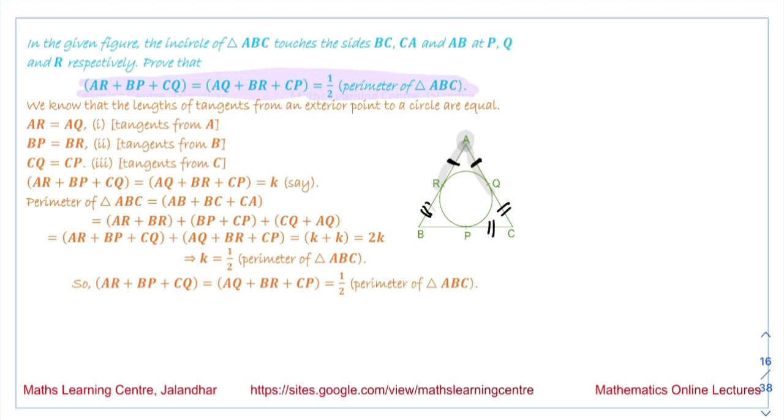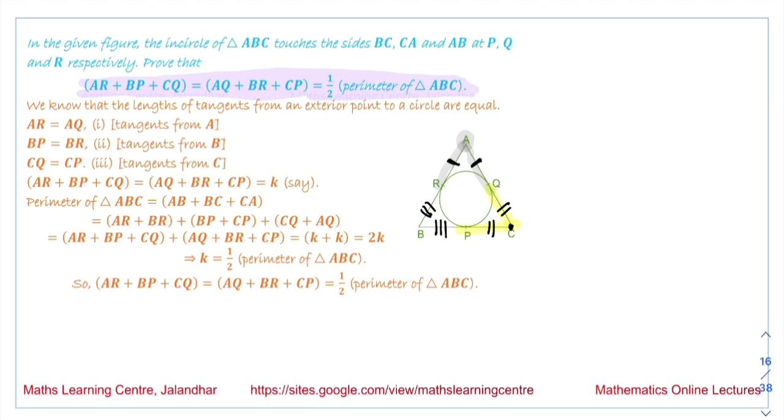And similarly the lengths of BR and BP are also equal to each other, because if we consider the point C, CQ and CP are both tangents, and the lengths of the tangents from these two points are equal.